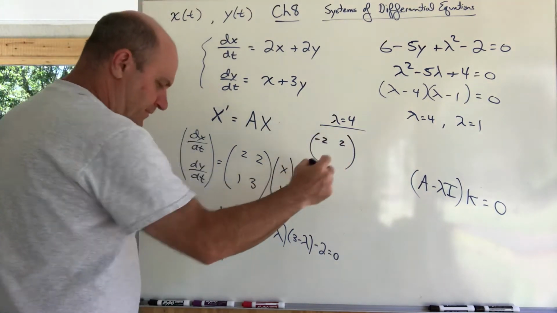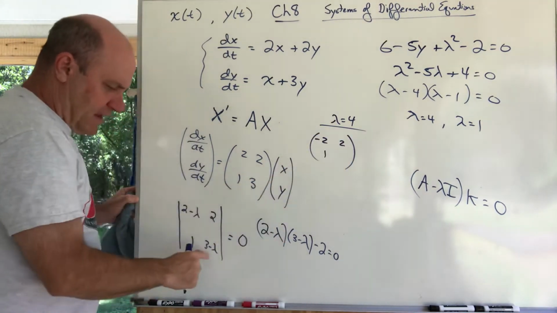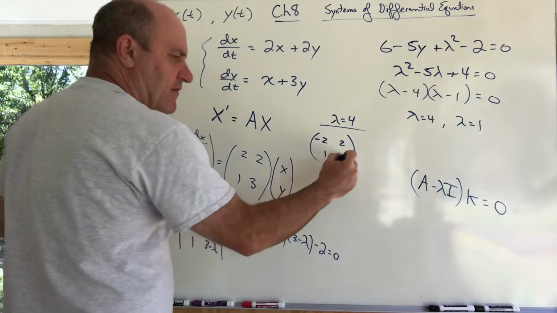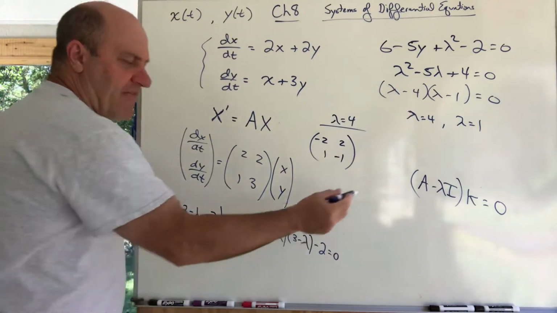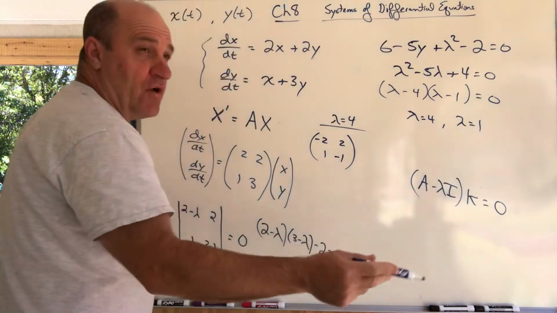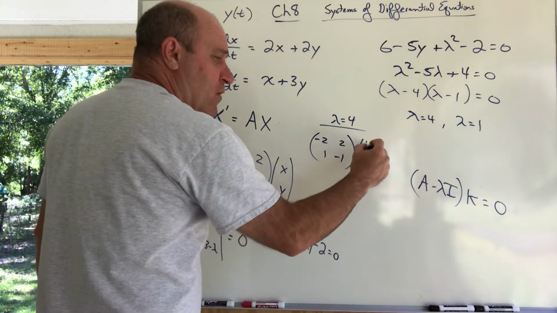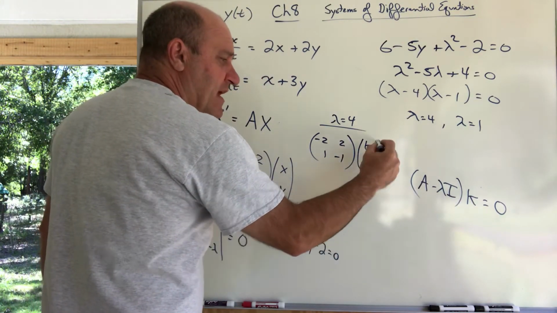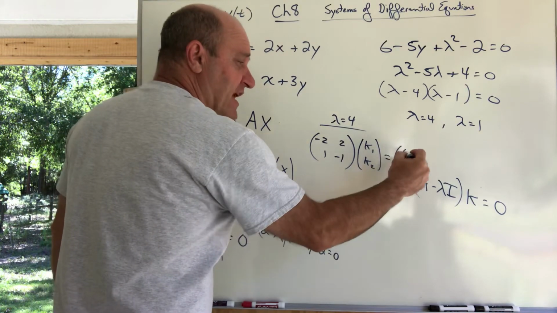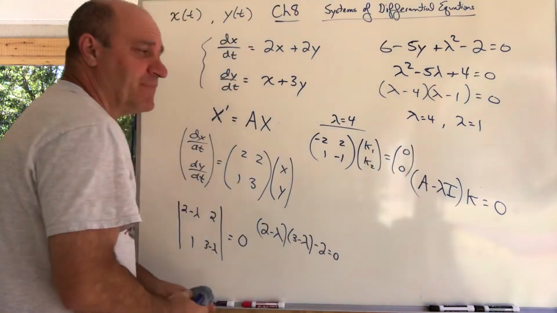That's a 2. That's a 1. And when I subtract a 4, that's a negative 1. And that multiplied by the unknown vector K, which is a k1 and a k2, has to equal 0, 0.